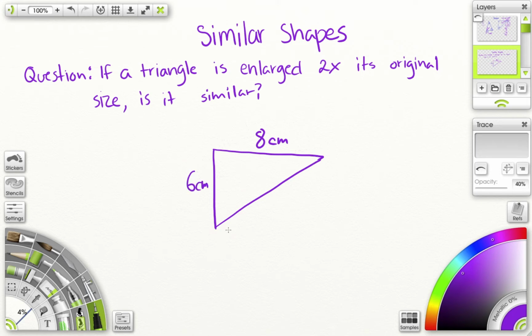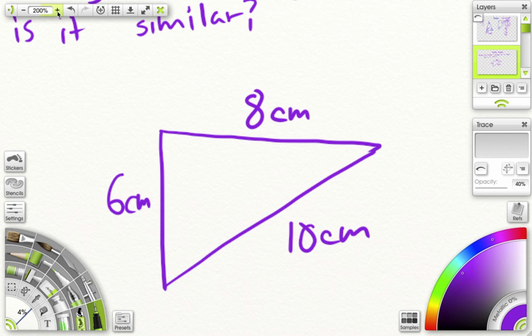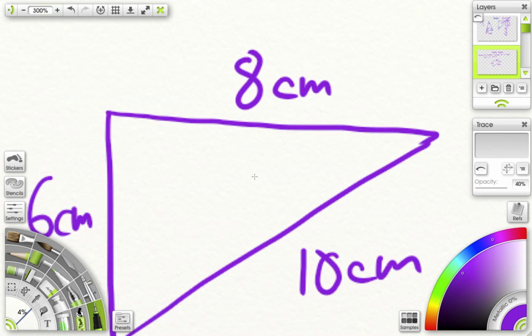And I measure this side right here, and I find out it is 10 centimeters. All right, but now let's say I enlarge my screen 2 times. Obviously, these are no longer the same lengths. That's clear because there's no way that this is 8 centimeters anymore. This is much bigger.